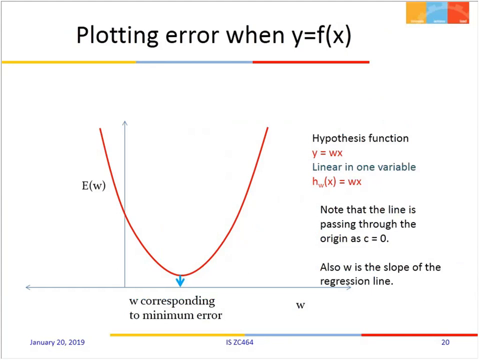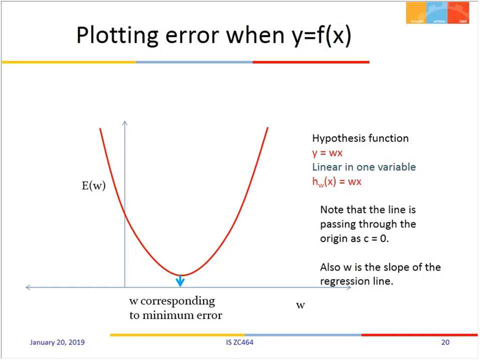I can say that this line is defined. I must write it as line is defined by the parameters, right? Parameters M and C, and in place of M and C, we used W1 and W2. There are two parameters.